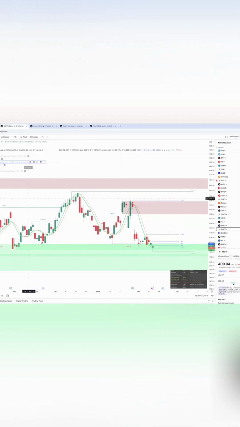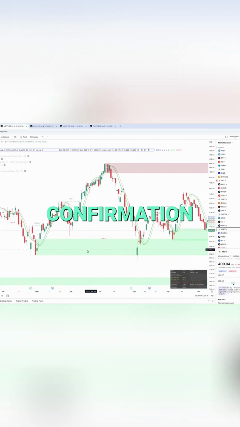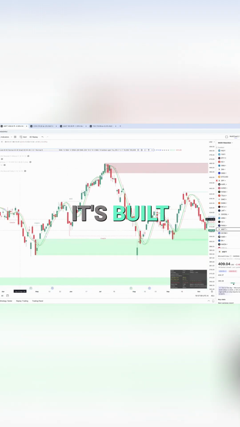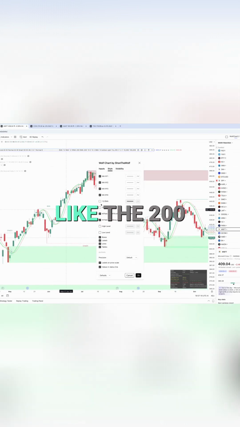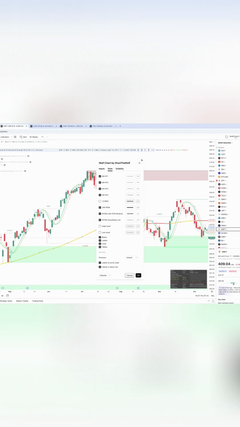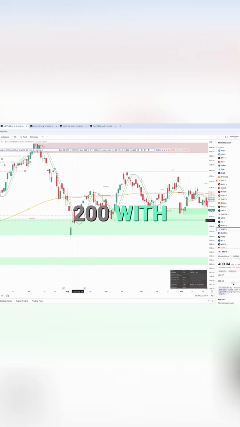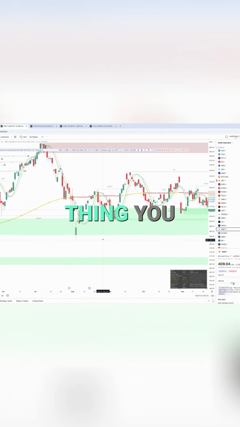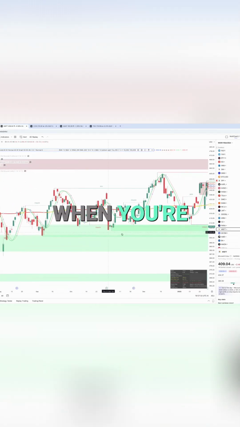But see, for these supply and demand zones, the arc confirmation system is built for us to get into these early reversals. Now we'll see how critical that is if we look at the moving averages, like the 200, for example. If I put the 200 on, you see how even when we're under the 200 with the arc confirmation and you're coming out of a demand zone, the only thing you want to make sure of when you plan it is when you're in a supply zone or very close to a supply zone.